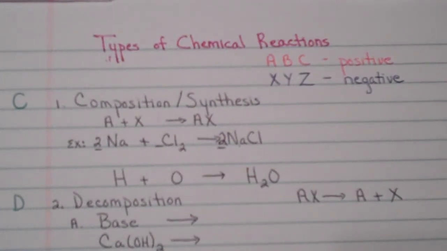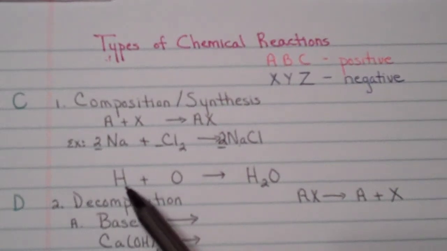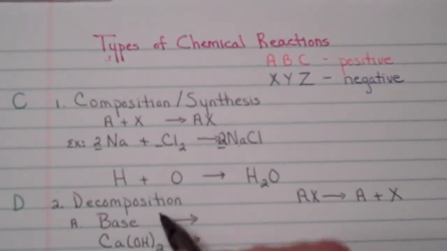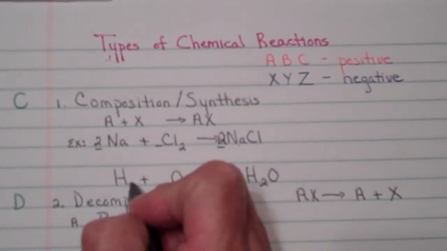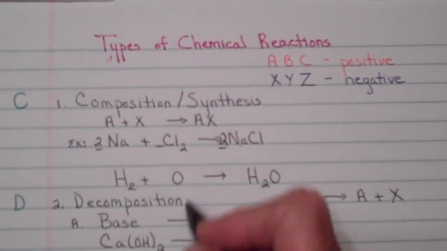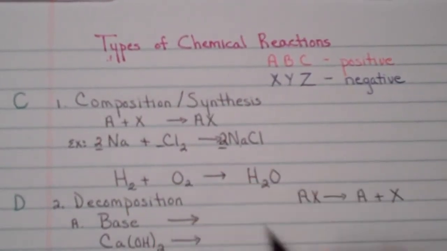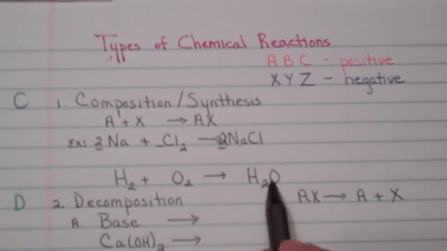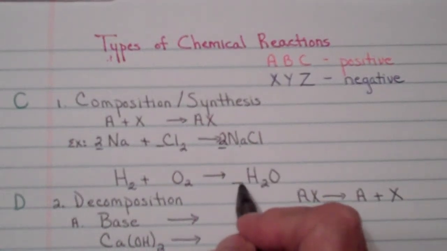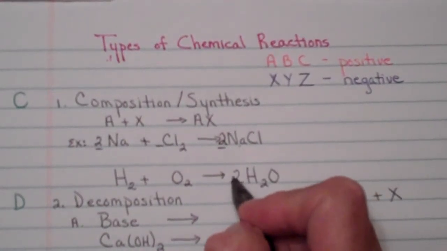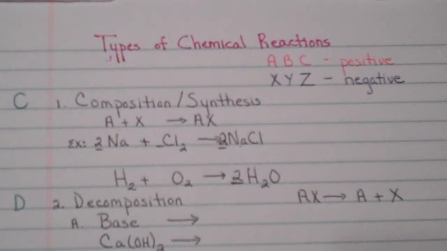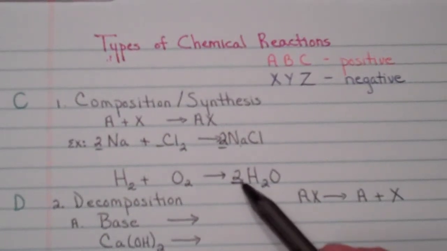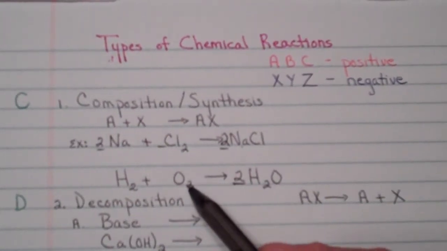The second reaction I have here is hydrogen. But you know that's not right because it has to be diatomic. And oxygen, also diatomic. And that's going to produce water. Well, the oxygens are not balanced. So the first thing we'll do is start by putting a 2 in front of the water molecule so that we have 2 oxygens on both sides.